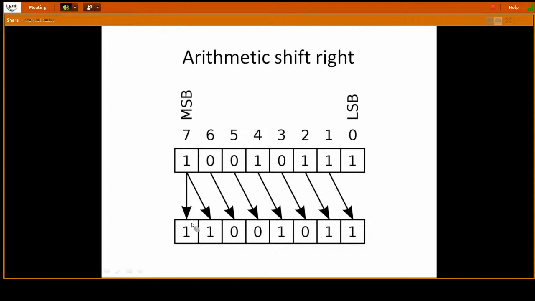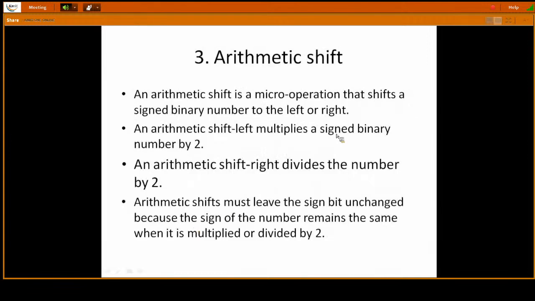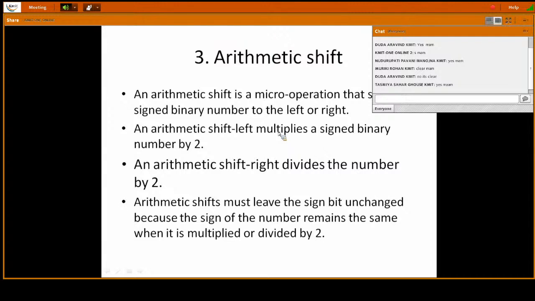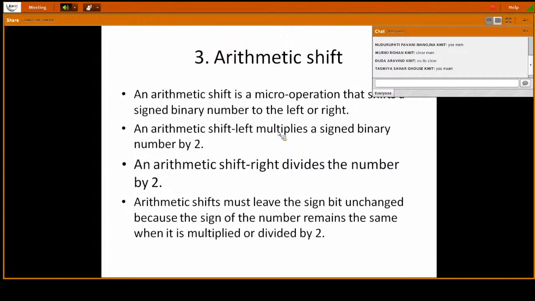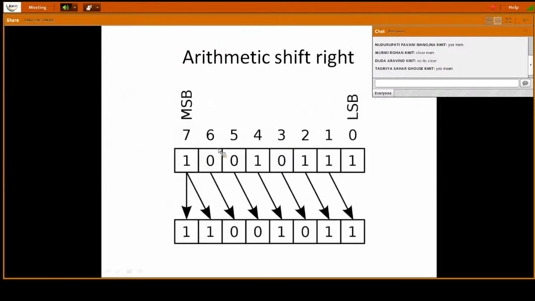Why? Because arithmetic shift right always divides the number by 2. If it is a left shift, it multiplies the number by 2. I already told you that whenever you are multiplying or dividing any number, the sign will not be changed. So, assume that the value of this is 16.